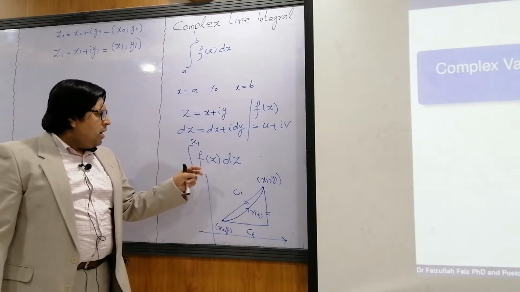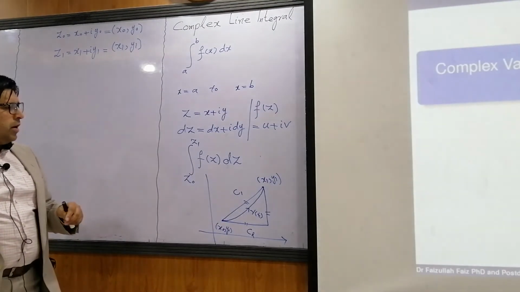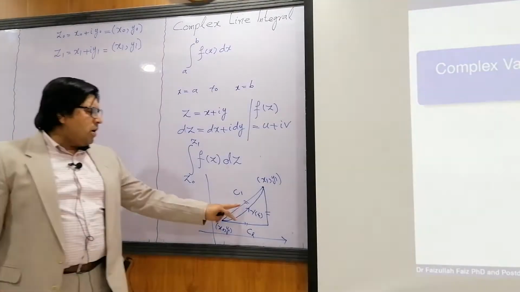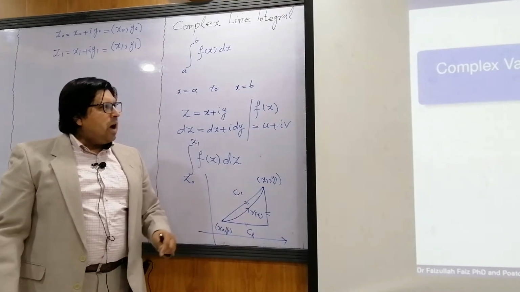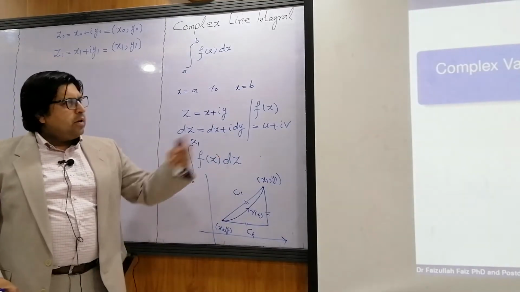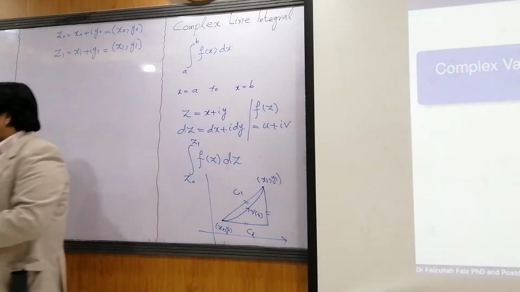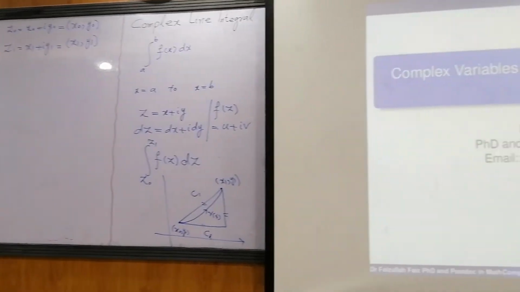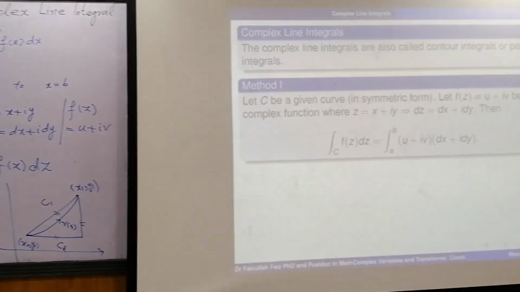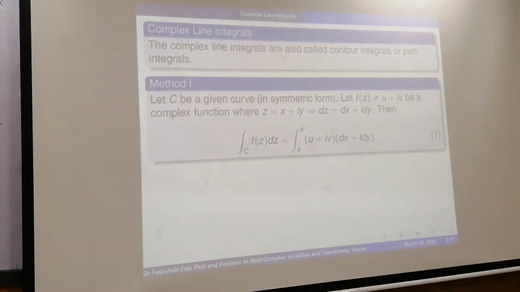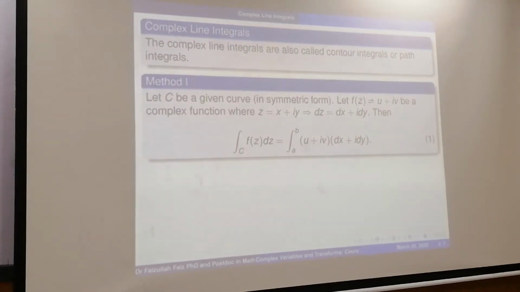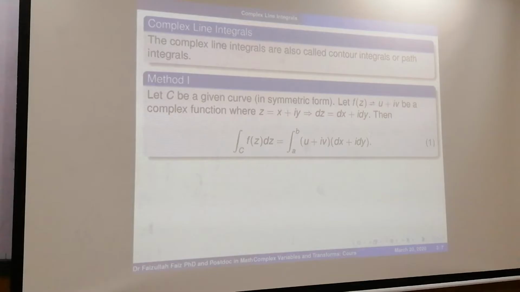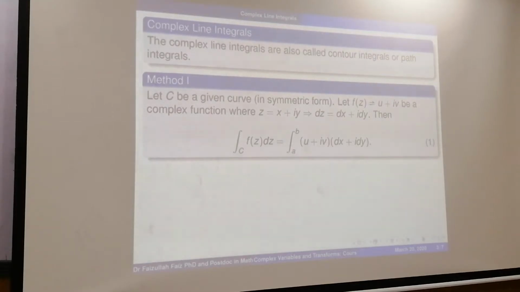If someone says to integrate the following complex function, then we need some complex curve or some path for the integration. Now let us see from the screen how we can evaluate the complex integral. There are different methods. You can see that the first method is given on the board.